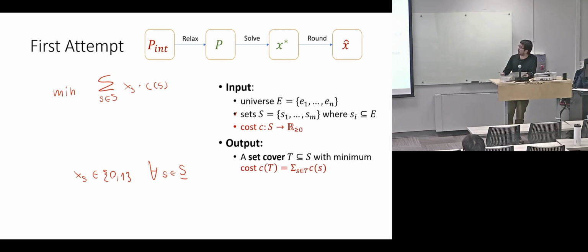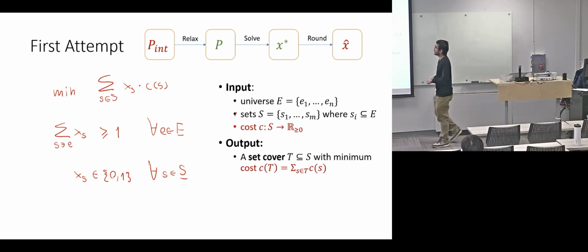What's the constraint? For each element E, instead of having the sum of just two things, now we have the sum of the indicator variables for every set that contains E. That has to be greater than or equal to 1. At least one, exactly.